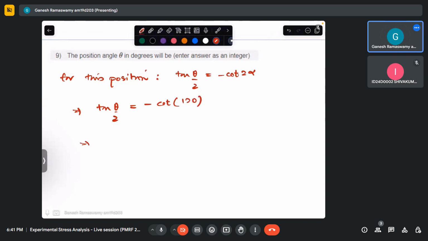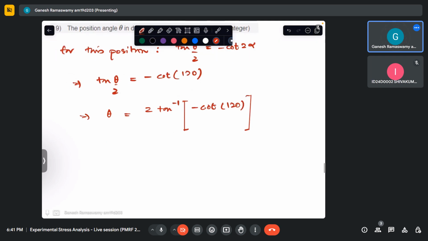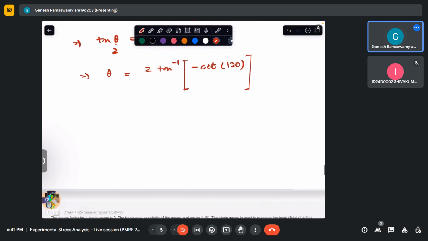So from here it follows that theta is given by 2 times tan inverse of minus cot 120 into 2. So for aluminium, this also comes out to be 60 degrees.